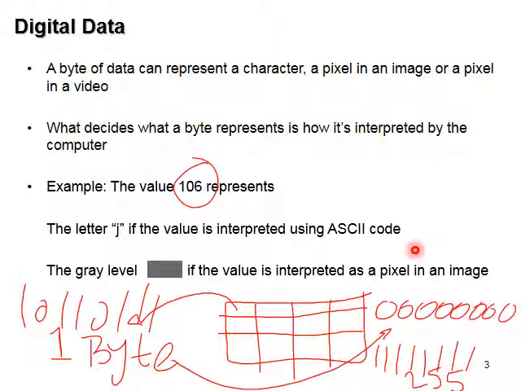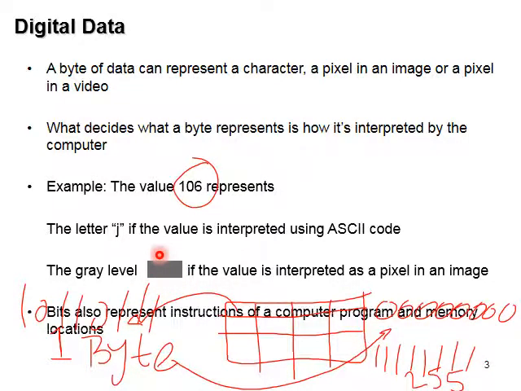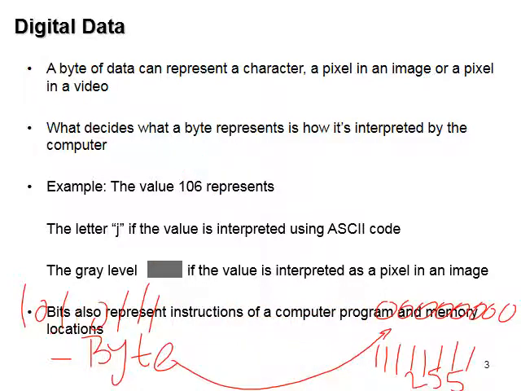So whatever type of data you are storing, it will be represented in binary. How the computer interprets it determines what this value maps to. Here it maps to an ASCII code, while if it's a grayscale image, it will map to this gray level. Okay, let me erase this.